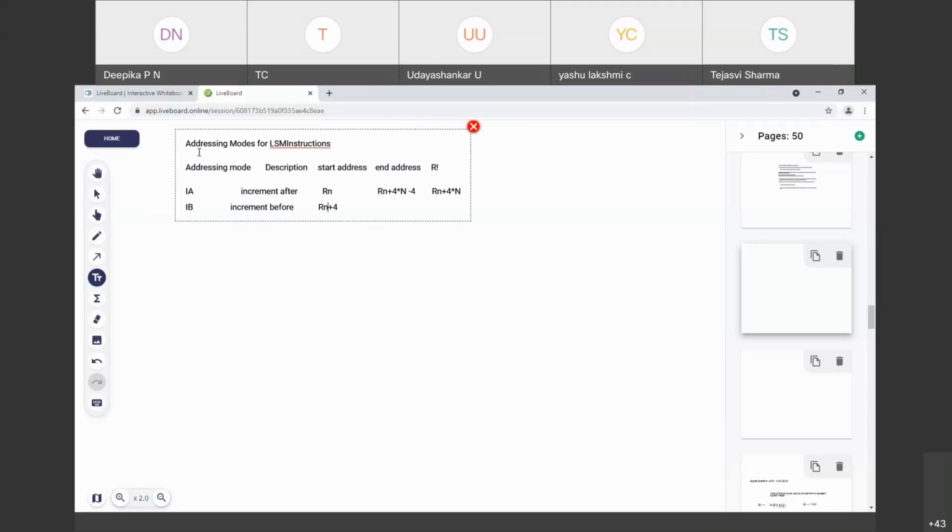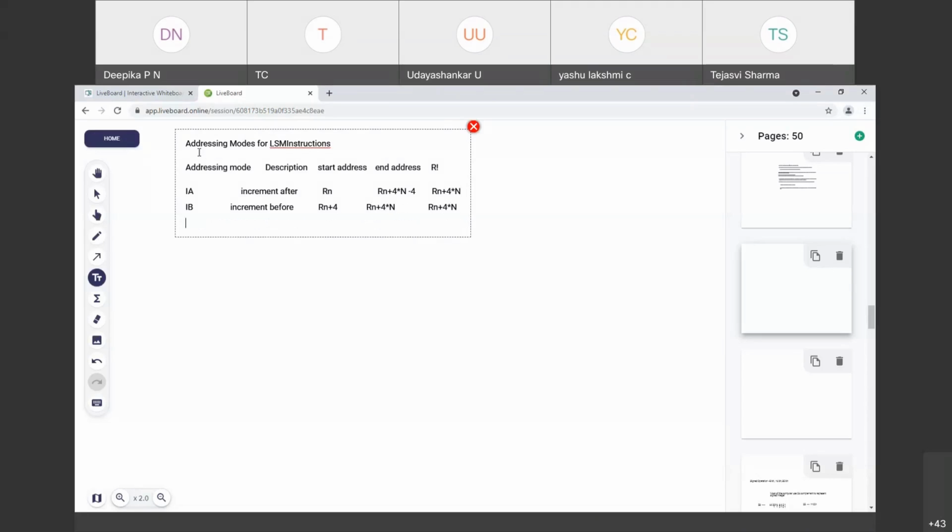I'll start from there, and I'll end with Rn plus 4 star n. The table is given in your textbook, and you can go through it to analyze various values.